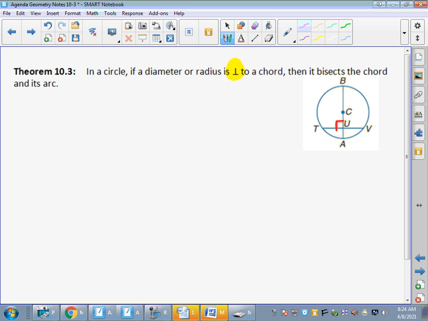My diameter BA, or my radius CA, is perpendicular to chord TV. So if BA is perpendicular to TV, then two things happen.